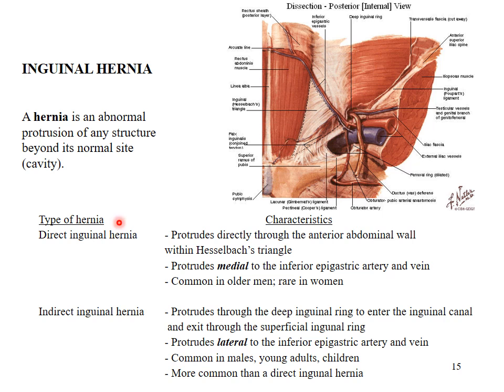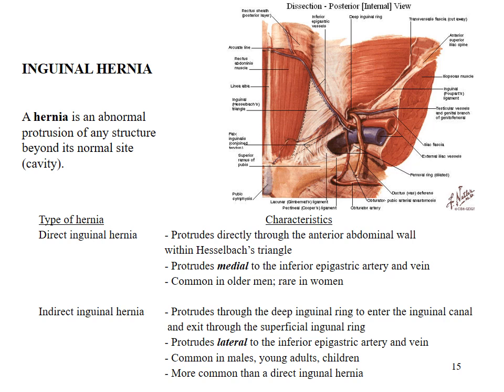There are two types of hernia. A direct inguinal hernia protrudes directly through the posterior wall of the inguinal canal and exits through the superficial inguinal ring. It protrudes within Hesselbach's triangle.